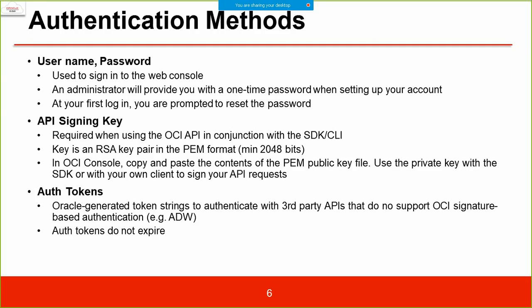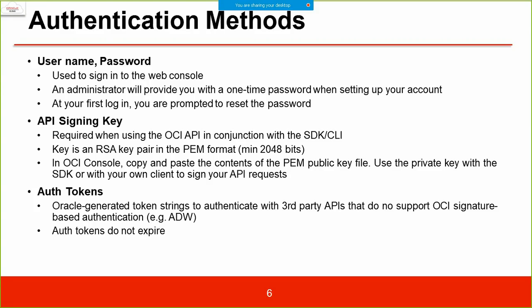Second method is API signing key. We will be working with API signing key in the last session of the training, where we'll be talking about how the keys are used, one application interacting with another application. So it's required when using the OCI API in conjunction with the SDK or command line. And we'll have some command line examples also.